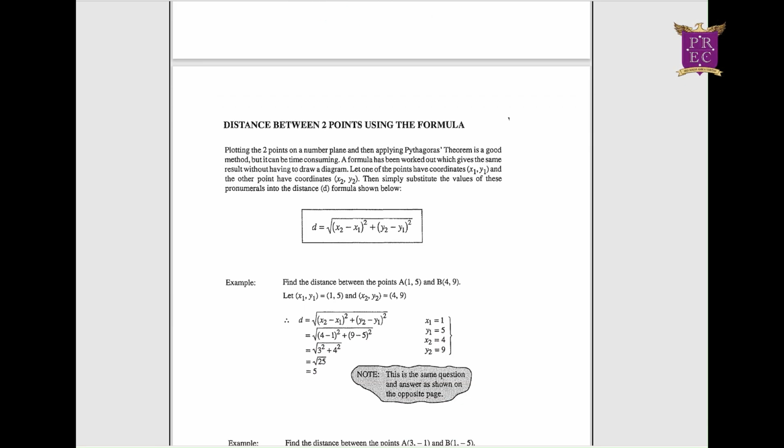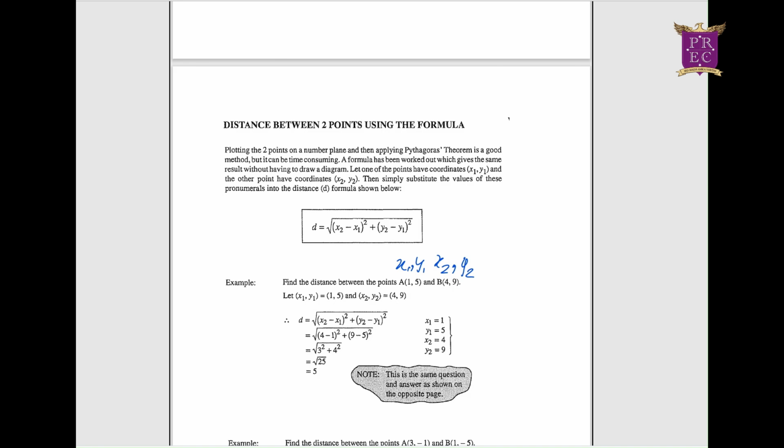Mathematicians have reduced it to a formula so that it's easy for us to figure out the distance between 2 random points. So we have 1 and 5 over here, so A is 1 and 5 and B is 4 and 9, just as before. What we do is x2 minus x1 squared, so we'll say this is x1 and this is y1 and this is x2 and this is y2.